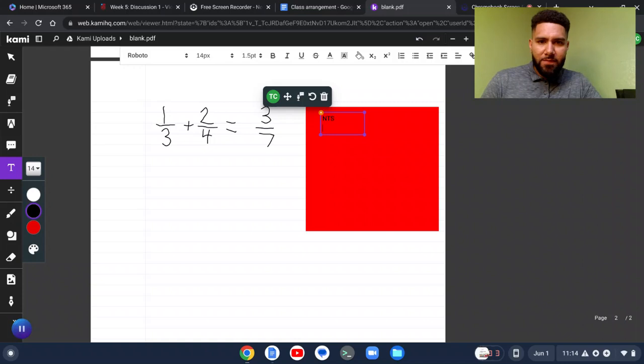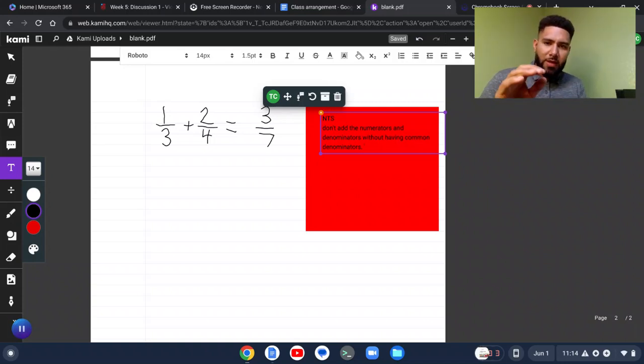So note to self, don't add the numerators and denominators without having common denominators, right? So you're just going to write a quick note to self. You're probably just going to say it to them and have the student write something that they should remember to avoid the same mistake happening again. And again, it's just a quick note to self.